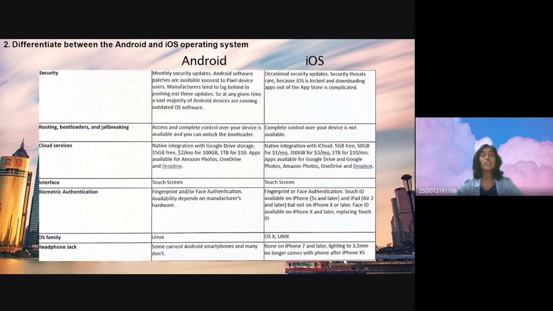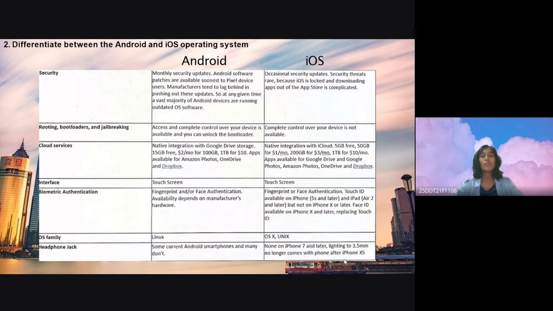The biometric authentication for iOS is fingerprint or face authentication. Touch ID is available on iPhone 5s and later, and iPad Air 2 and later, but not on iPhone X or later. Face ID is available on iPhone X and later, replacing Touch ID.